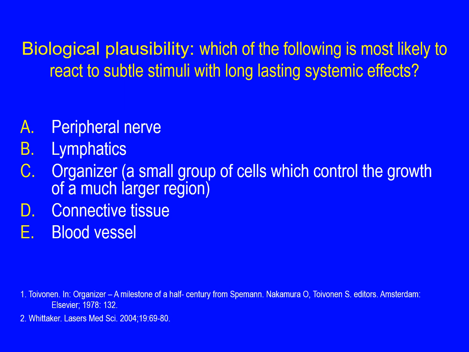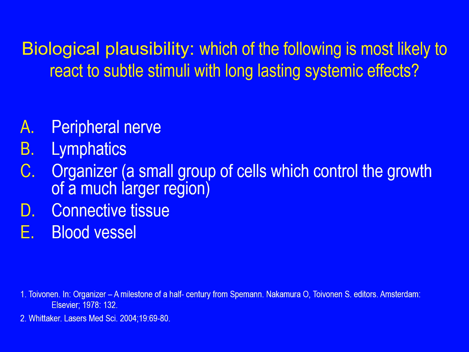So here is another multiple choice question regarding the biological plausibility of acupuncture. Which of the following biological entities is most likely to react to subtle stimuli with long-lasting systemic effects?